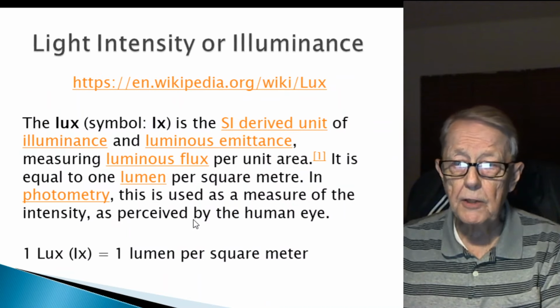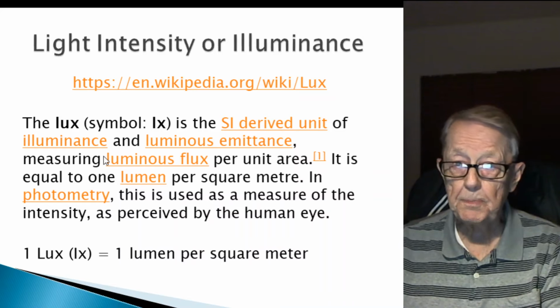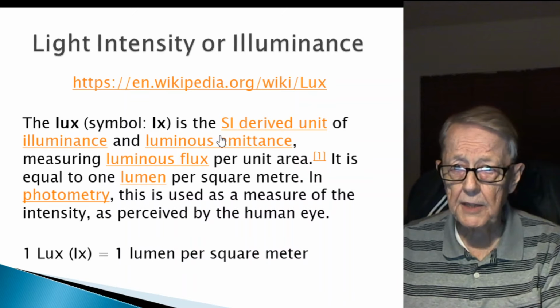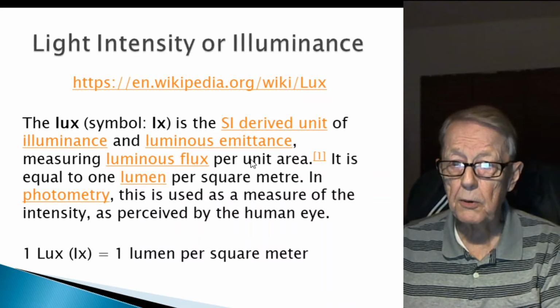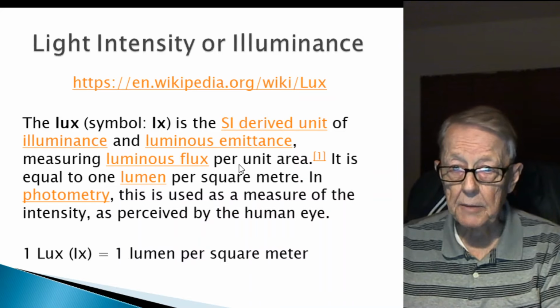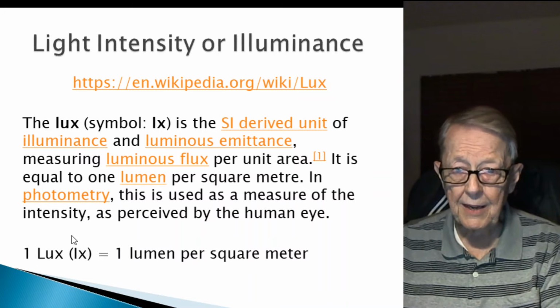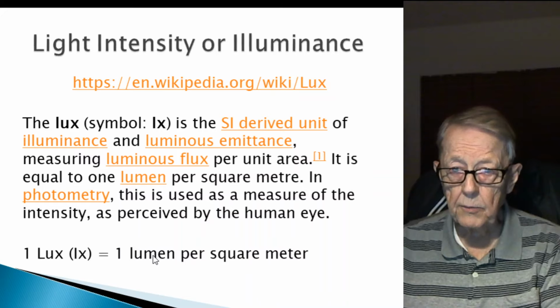Okay, we'll look first at the unit called light intensity, or the lux. The lux is the SI-derived unit of illuminance and luminous emittance, measuring the amount of flux per unit area. So this is an official definition of light intensity, and it is equal to 1 lumen per square meter, and that's shown down here. 1 lux, 1 LX, is 1 lumen per square meter.